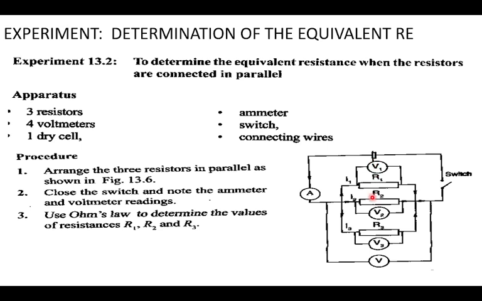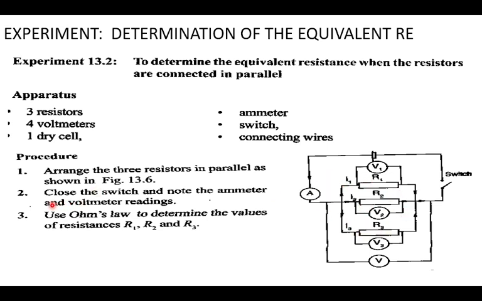It appears to be a complicated setup, but if you follow on, you see that these 3 resistors are arranged side by side or in a parallel network. So you arrange the 3 resistors in parallel as shown. So we have resistor 1, resistor 2, and resistor 3 like that.